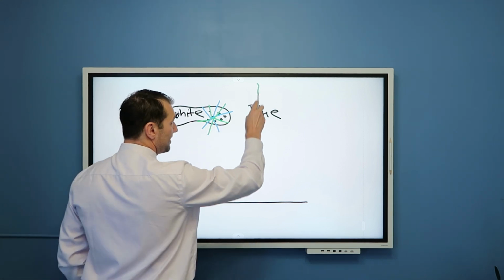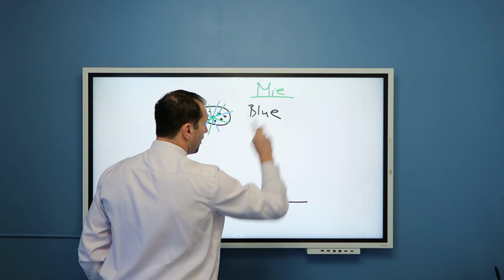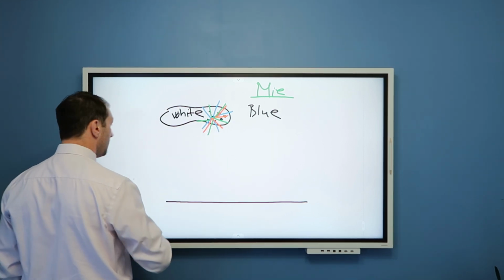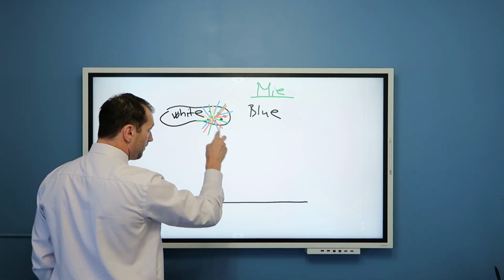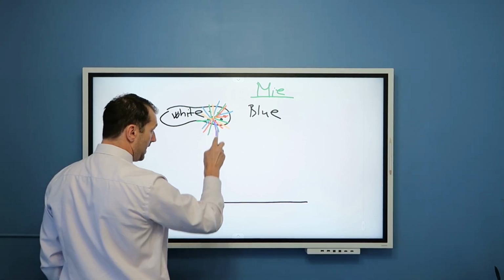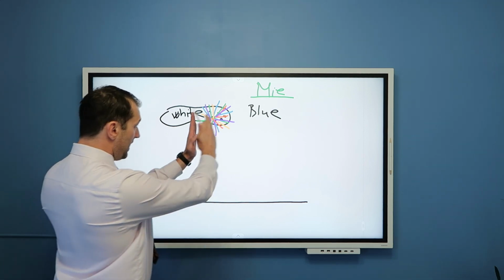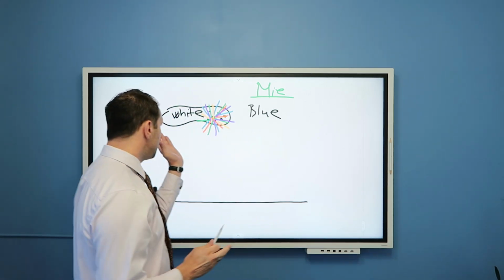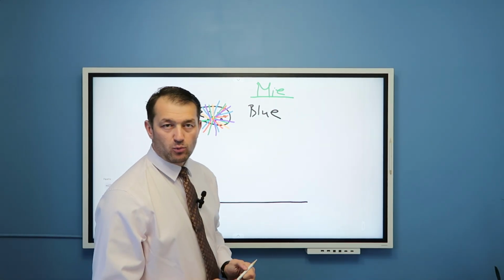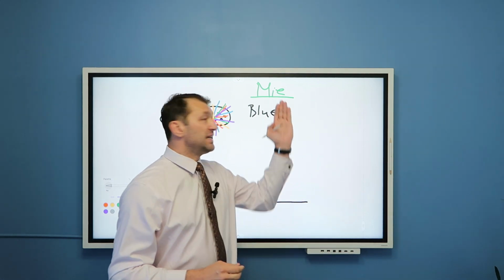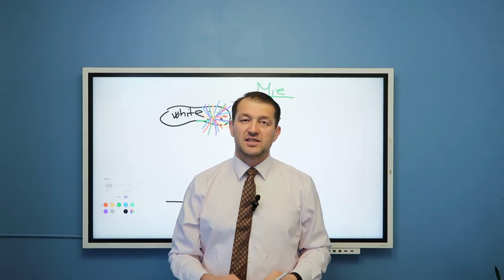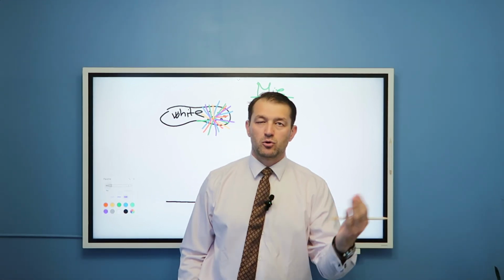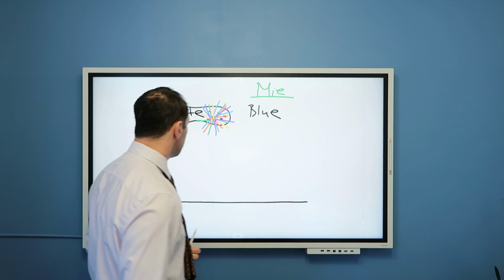So blue, red, green, yellow, purple are all equally likely to scatter, and the combination of all colors is white. That is why clouds appear white, because they scatter in the Mie regime that does not favor any wavelength. All wavelengths are equally scattered, and the combination of all light therefore is white.